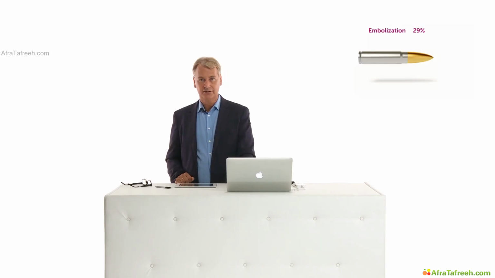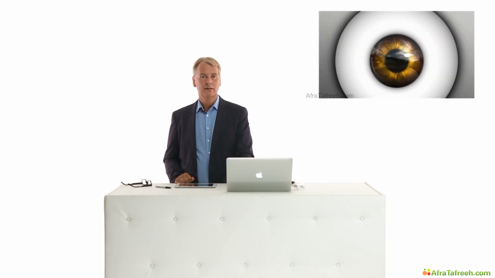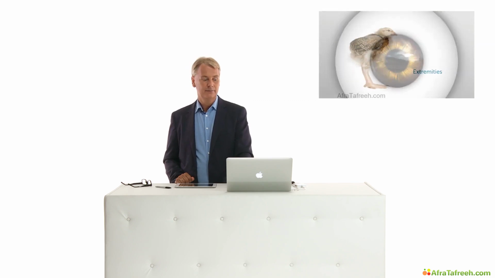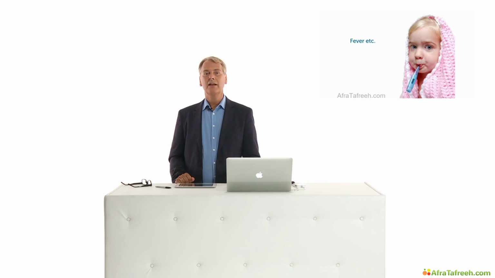It's embolization. Approximately 29% of all myxomas show some form of embolization, and that can be either cerebrovascular, into the eye, into the extremities, and patients can also develop fever.